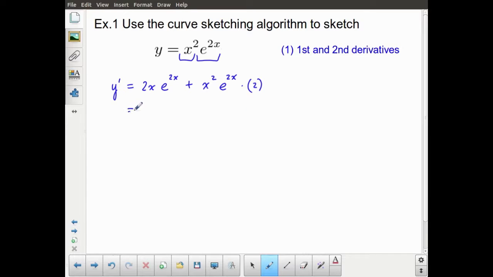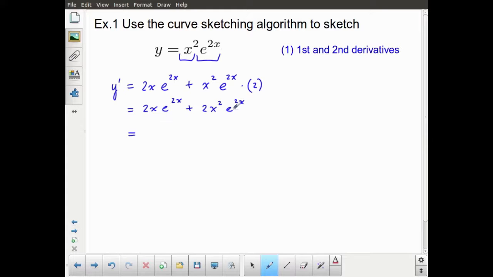And now I'm going to do some simplification. So I end up with, I'll just rewrite that first term, 2x e to the 2x. And then I bring over this 2 in front, so I end up with 2x squared e to the 2x. And it wouldn't be a terrible idea, since I know I'm going to be interested in curve sketching, I'm going to be interested in solving this first derivative for 0.